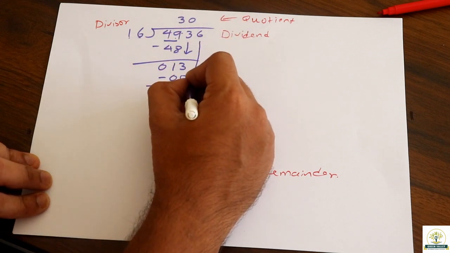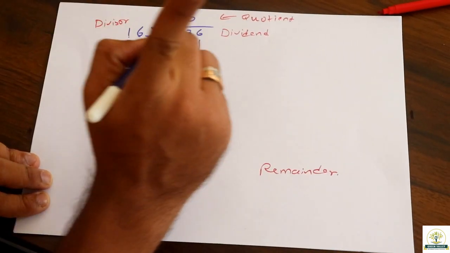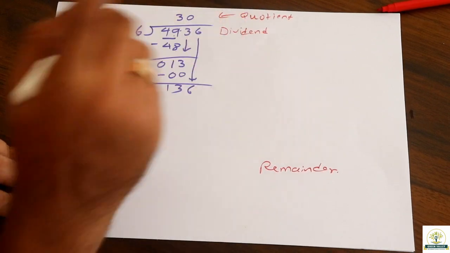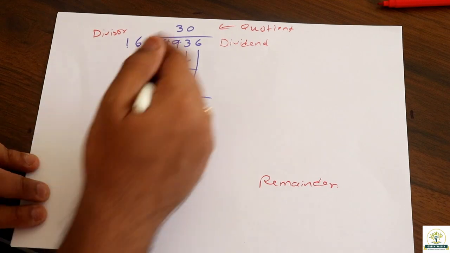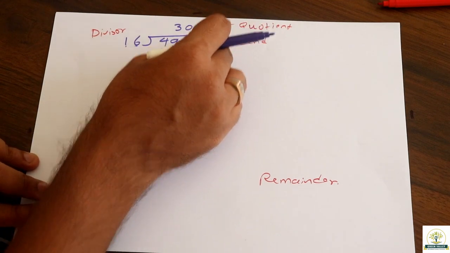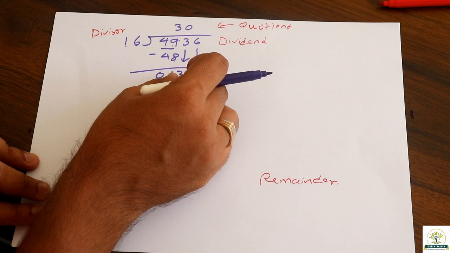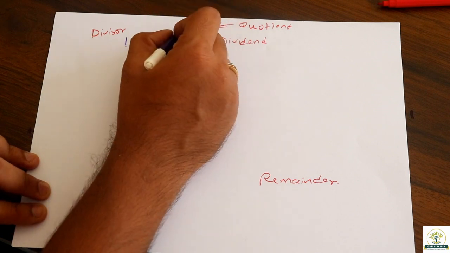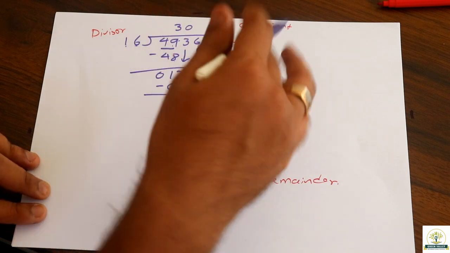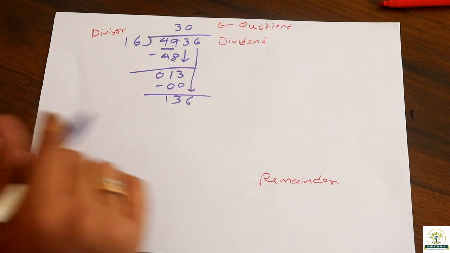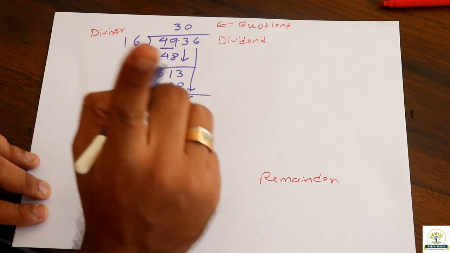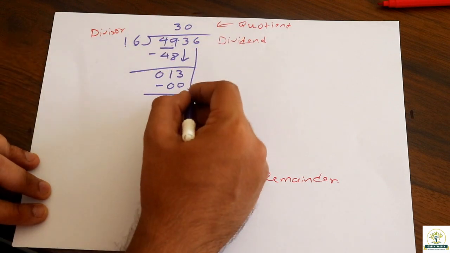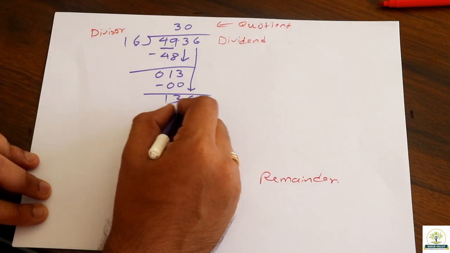Now the last digit comes down, remember guys, 1 digit at a time comes down, not more than 1. I could have directly put 36 below, but that is a shortcut method and usually people get confused in it. So 1 digit at a time, please remember this. So 6 comes down, 136.